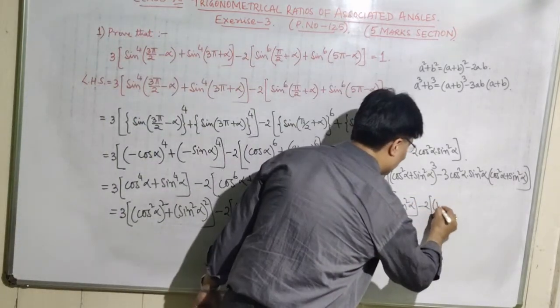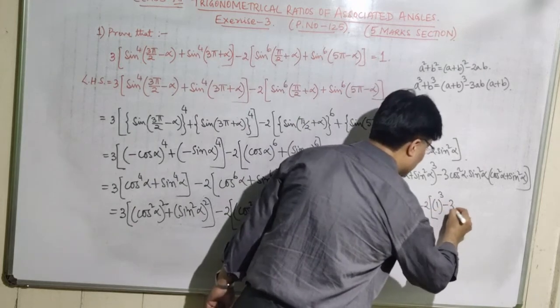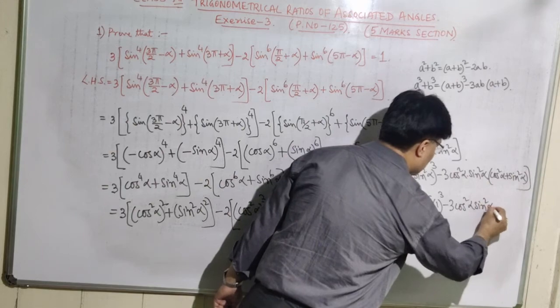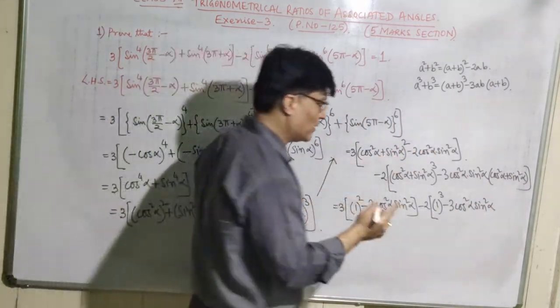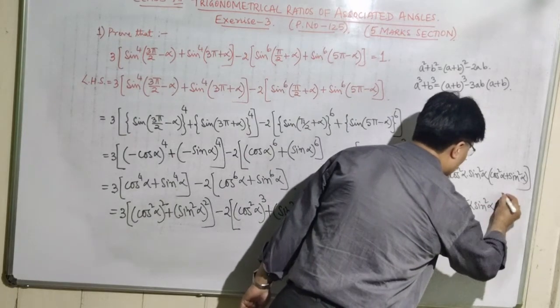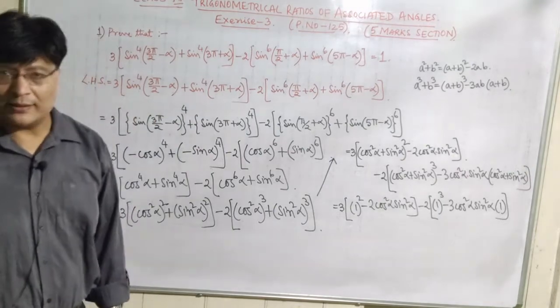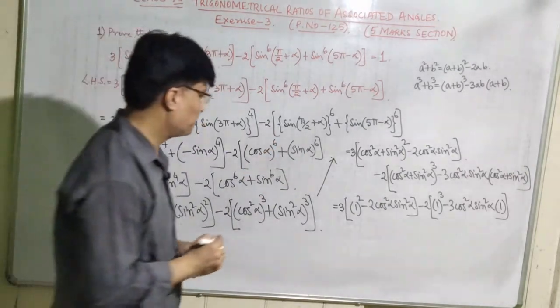It is 1 whole cube. Right? Minus 3 cos square alpha sin square alpha. And what about that cos square alpha plus sin square alpha? That is also 1. You know that cos square theta plus sin square theta is equal to 1. Similarly, cos square alpha plus sin square alpha is also 1.